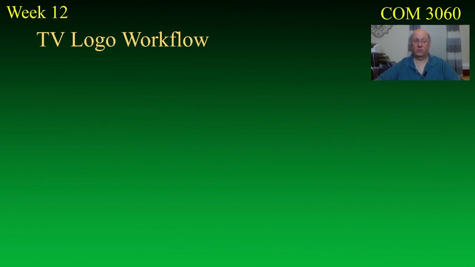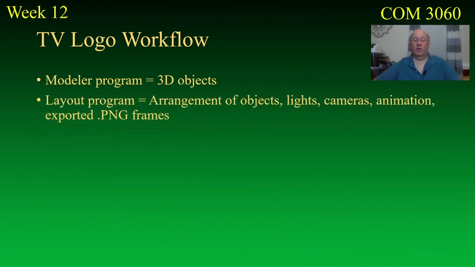A TV logo workflow, that's where you've got your 3D modeler, making your 3D objects in the modeler program. You run them in a layout, arrange the objects, lights, cameras, and animation, and export as a series of PNG still frames, which could be 32-bit if you want the background to be blacked out or removed so that you can put it over something else, or 24-bit if your background is important.